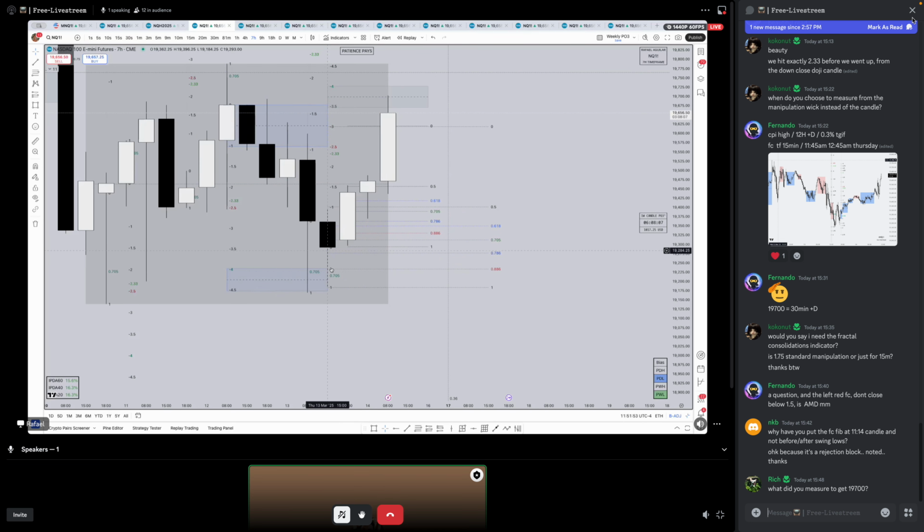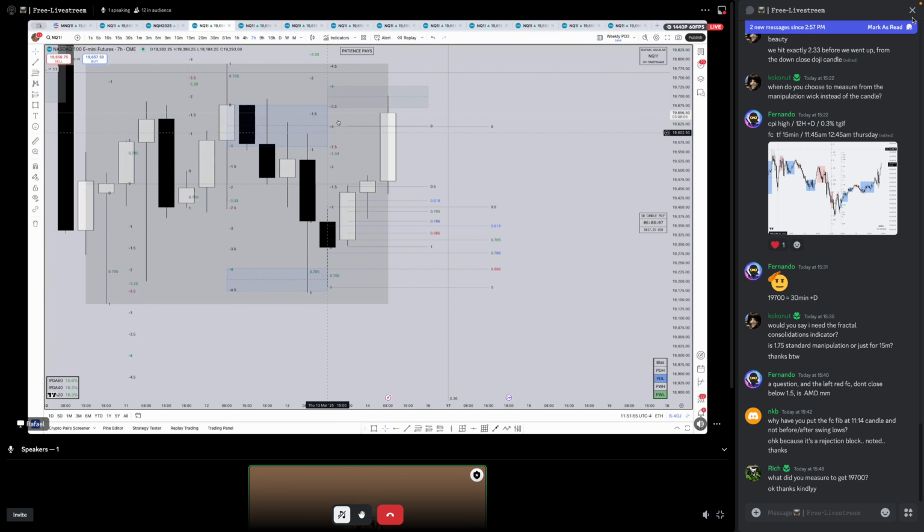So this is the manipulation of the candle, the projections. We got this 50% here.